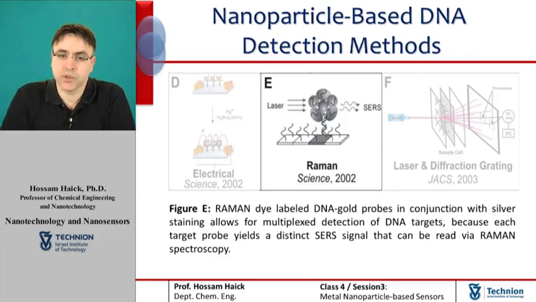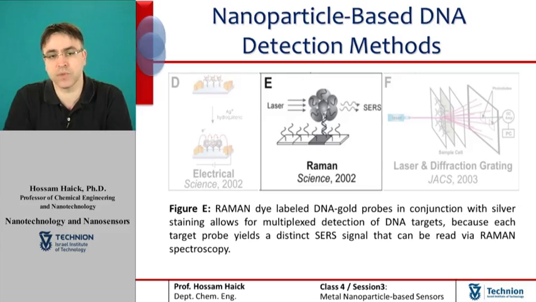Different approaches that utilize similar sensing mechanisms but use different characterization methods or instrumentation have been developed and tested to detect the attachment of nanoparticles to a substrate. One way is to monitor the surface-enhanced Raman spectroscopy signal that can be read through Raman spectroscopy, as depicted in panel E in the presented figure.